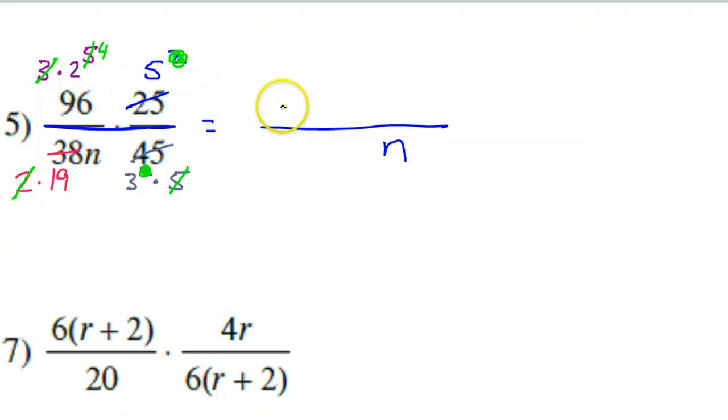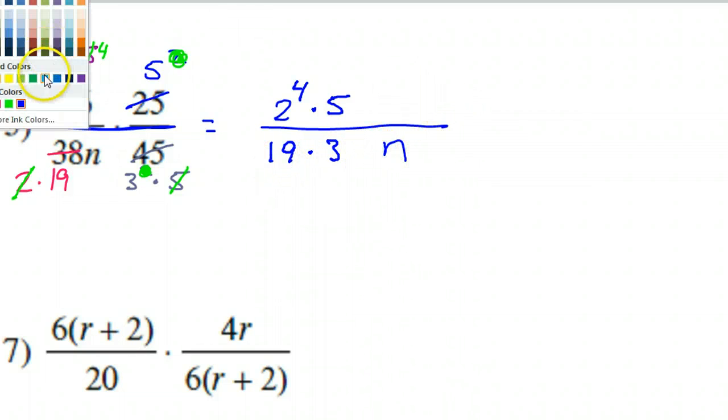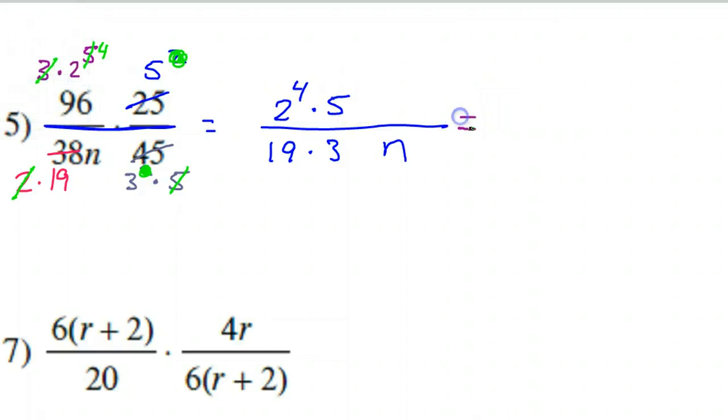So in the numerator I have 2 to the 4th power times 5. And in the denominator I have 19 times 3. And of course that n is still sitting there. So 2 to the 4th power times 5.